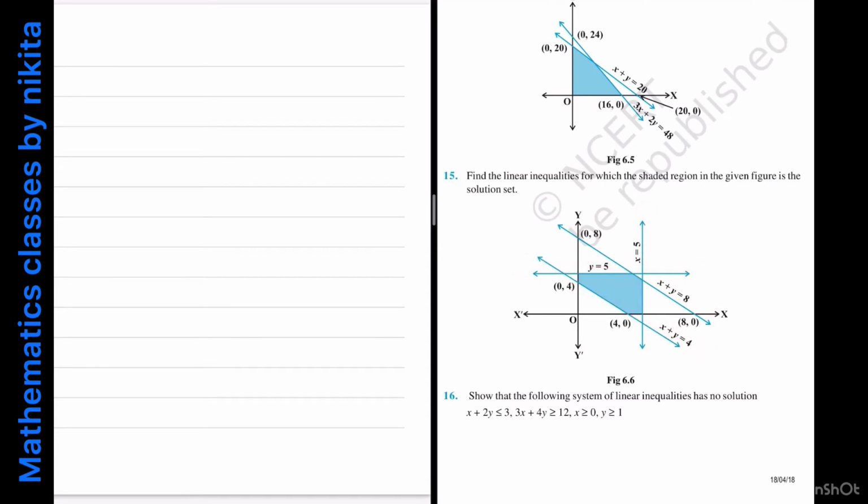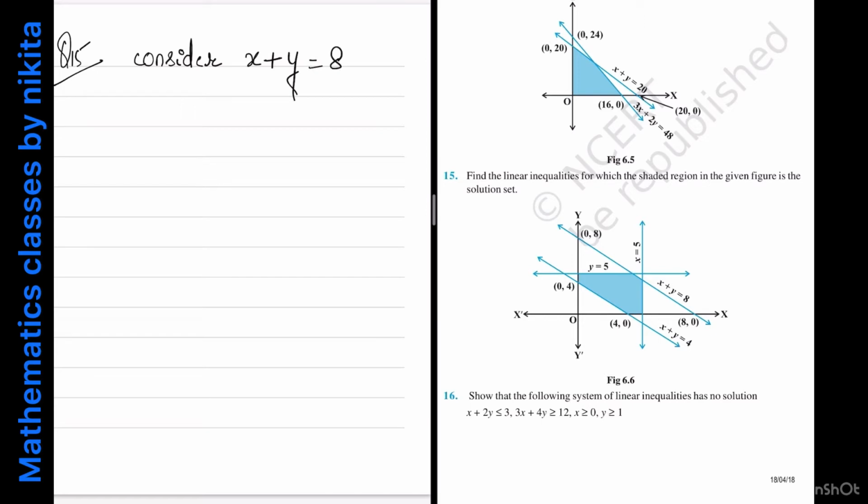Whenever we consider a line in a plane, it divides the Cartesian plane into two halves, the lower half and the upper half. So we will select each line one by one. Okay, so question number 15. First let us consider the line x plus y equal to 8.